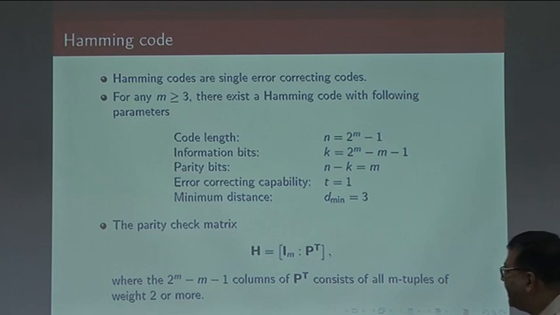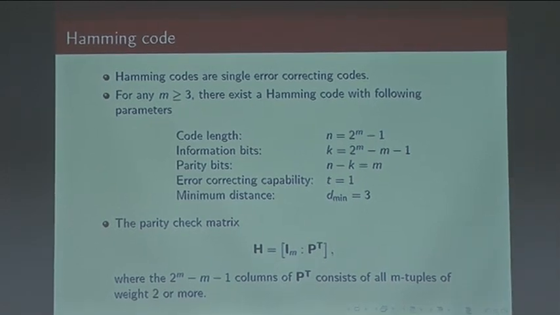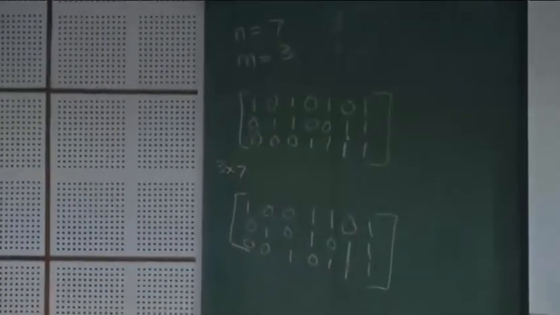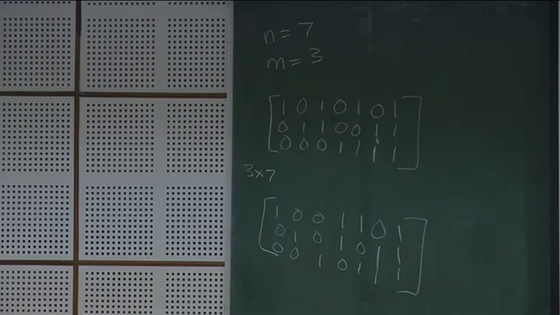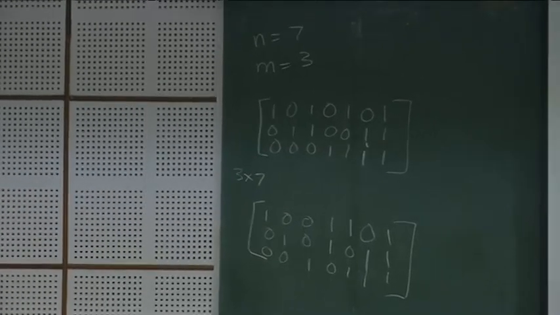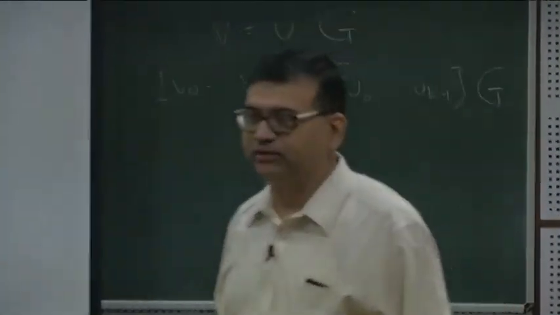So when you add any 2 m-tuples, you get another m-tuple which is already there in the H matrix, because we are enumerating all non-zero m-tuples. So 3 columns of this H matrix will add up to 0. 2 cannot add up to 0, so 3 is the minimum required. The minimum distance is 3, and if the minimum distance is 3, then it can correct t errors. 2t plus 1 is d min, so t is 1.